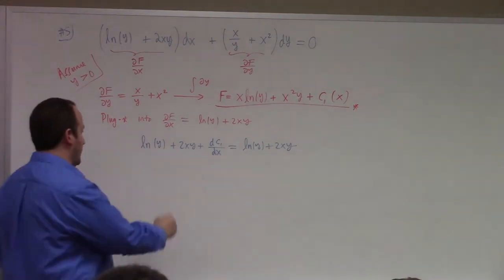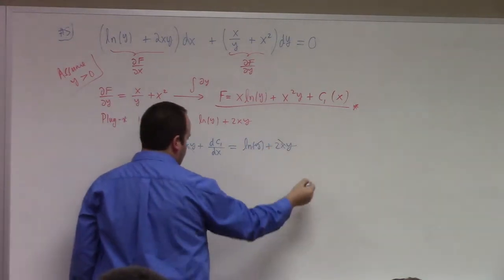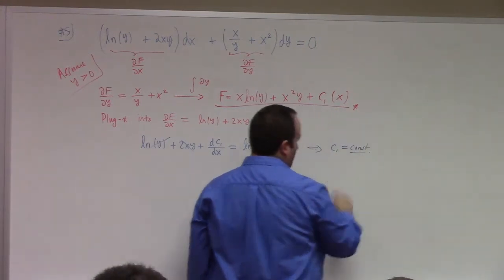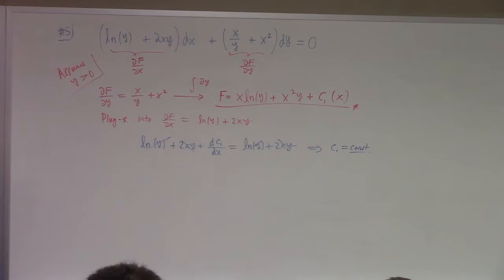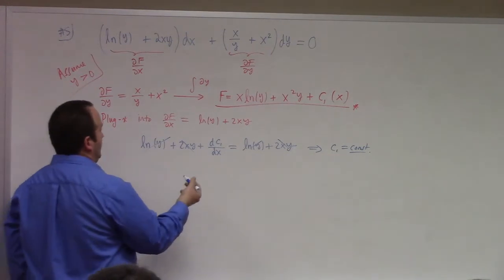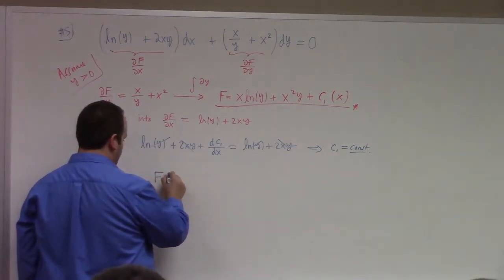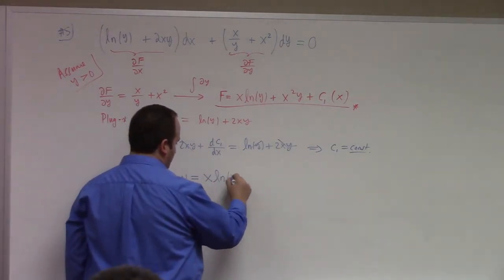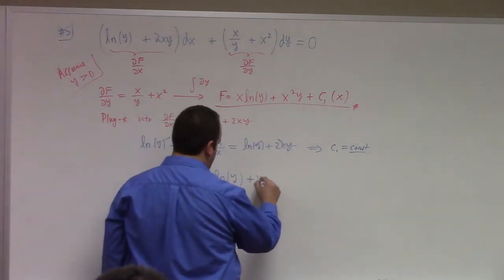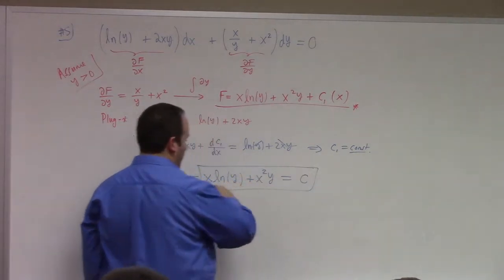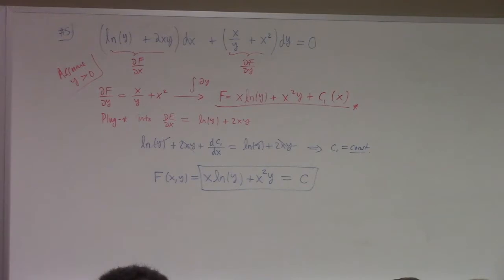All right, so it worked, right? And we just say that c1 equals a constant. You can let the constant be 0, or you could pick the constant to be 3 or 7, whatever you want. It doesn't really matter. So the solution is what? f of xy, we have x ln of y plus x squared y equals a constant. Those, the locus of points in the upper half plane which solve that equation, are the integral curves to the given differential equation.